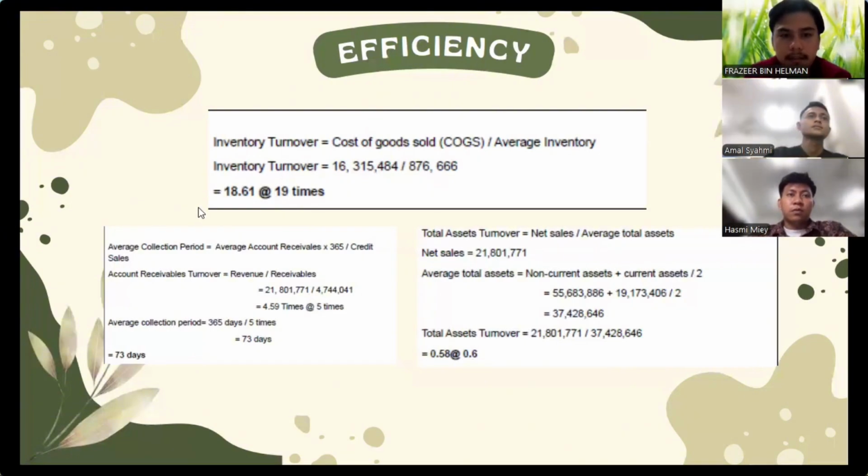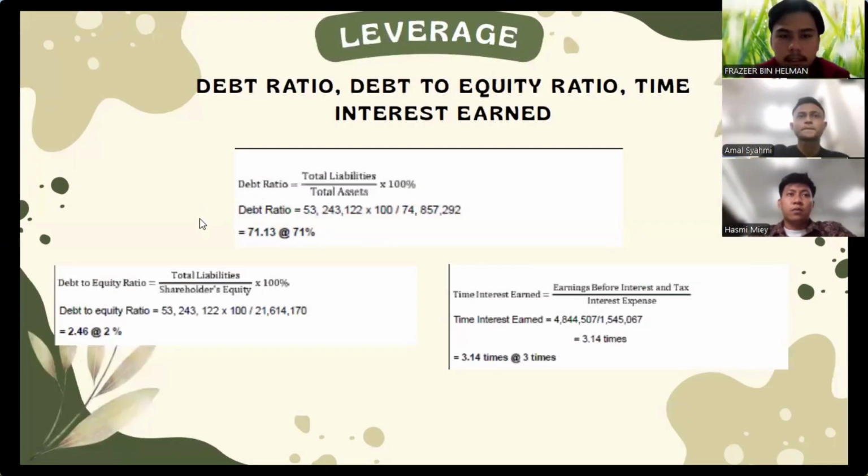So next slide is leverage, which shows the company's financial risk and debt level. So I will talk about debt ratio, which is calculated by dividing total liabilities by total assets.